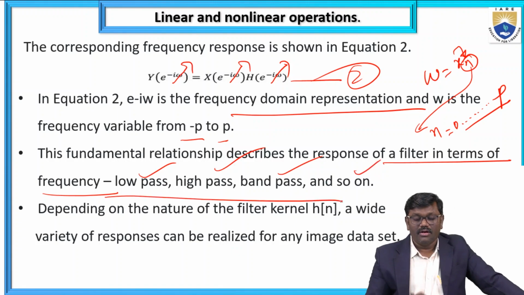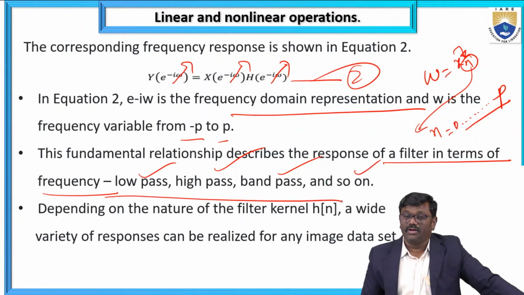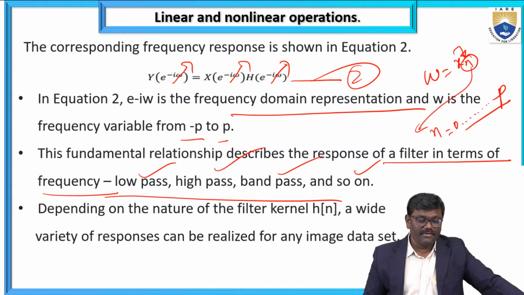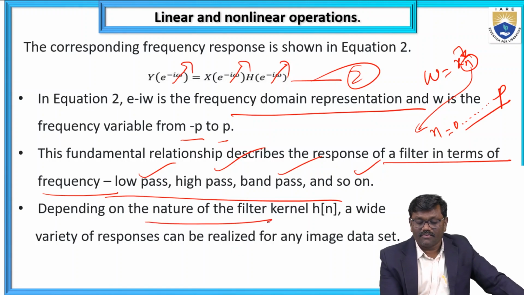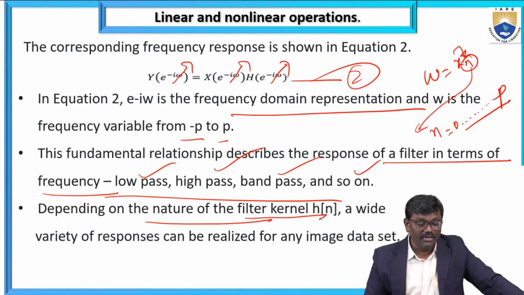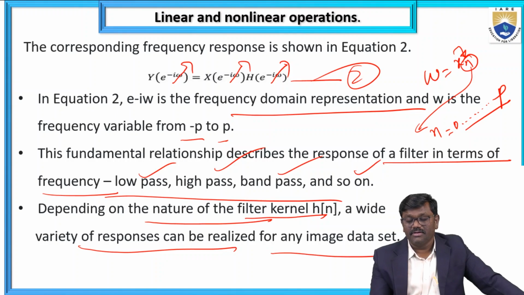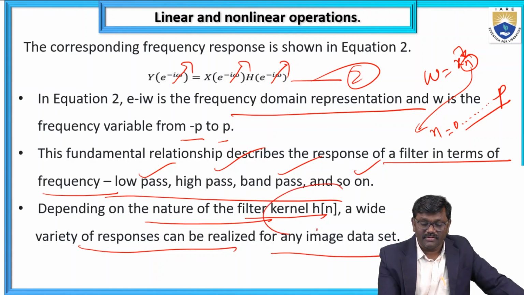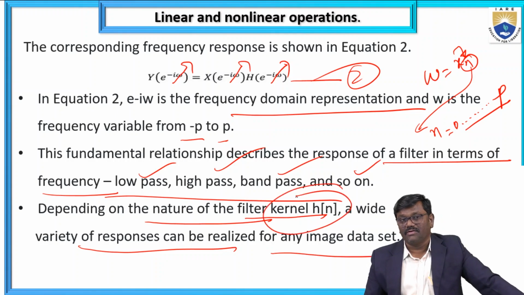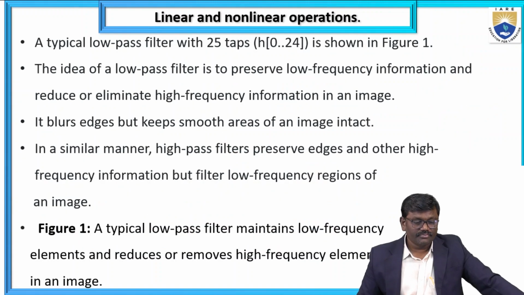These are all linear filters for the operation of frequency domain image processing. Depending upon the nature of the filter, that is the filter kernel values of h of n, a wide variety of responses can be realized for any image data set. So here we are using the kernel process in terms of the convolution process.